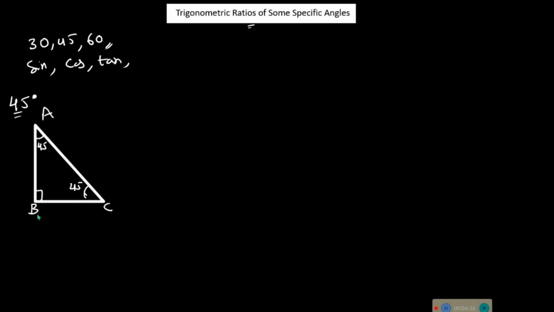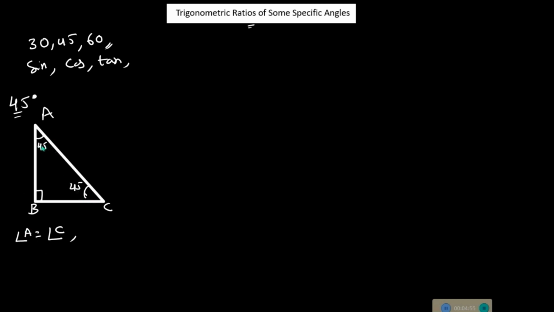Now we know that angle A is equal to angle C, right? If these two angles are the same, we know that the opposite sides are the same. If you need the derivation for this one, I'll take it in another class, okay? The principle is like this: if two angles are the same in a triangle, then the sides opposite them are equal.